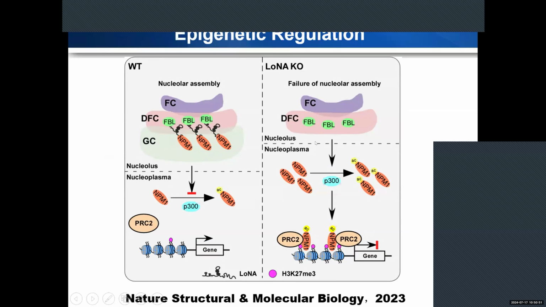Then NPM1 is released from the nucleolus and very soon gets acetylated by P300. Acetylated NPM1 can bind to the DNA and recruit the PRC2 complex, which then methylates H3K27, downregulating gene expression. So basically, this study answers the question of how LONA regulates gene expression in the nucleolus.